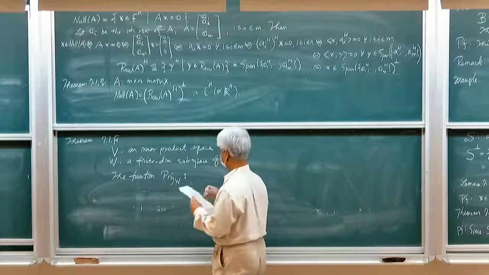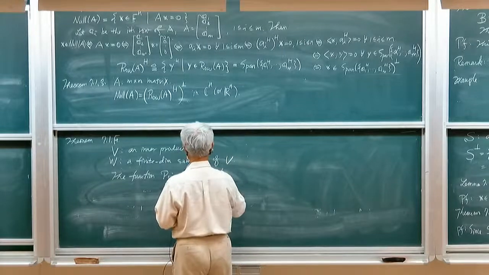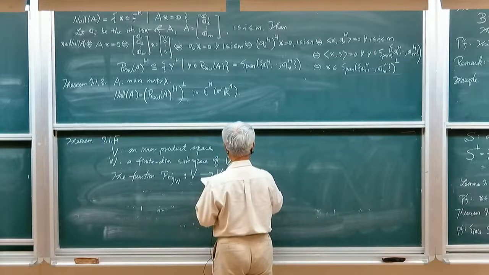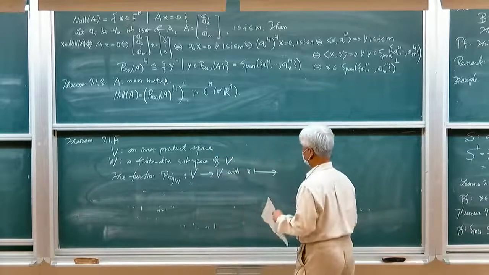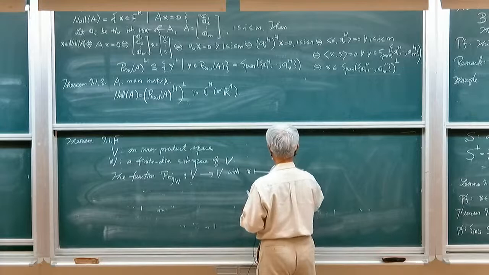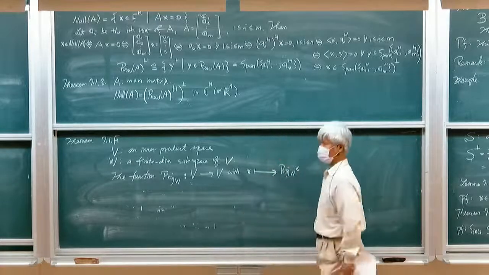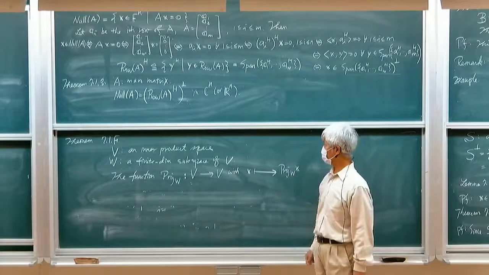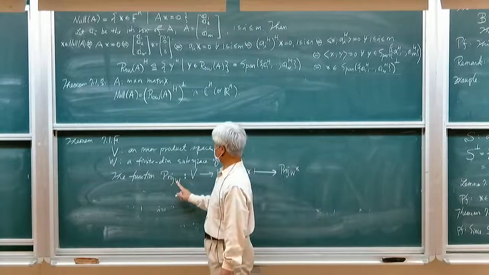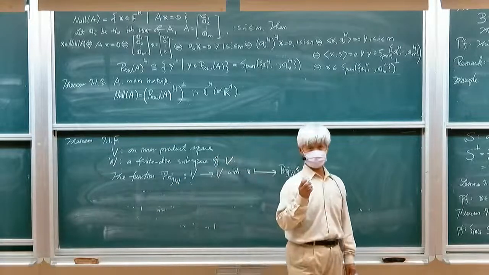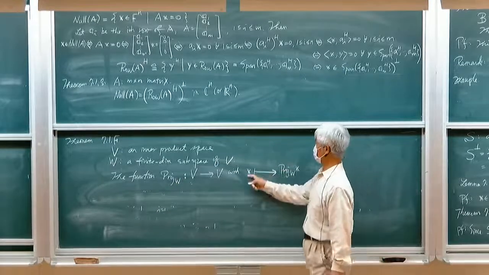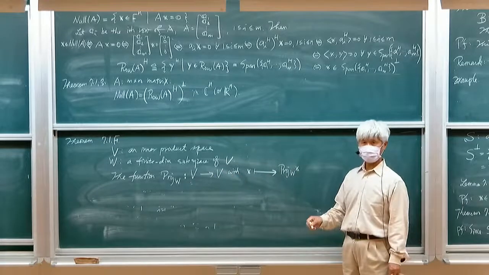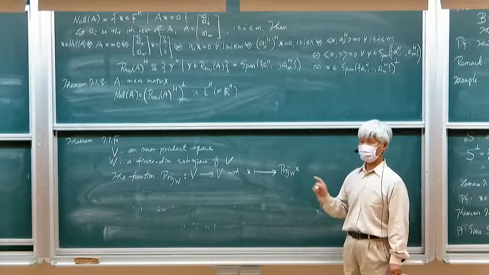The function is from V to V. The definition is that X goes to the projection of X onto W, and because W is finite dimensional, this is well defined. So actually proj_W defines a function. For each vector in V, you have an orthogonal projection of X onto W.